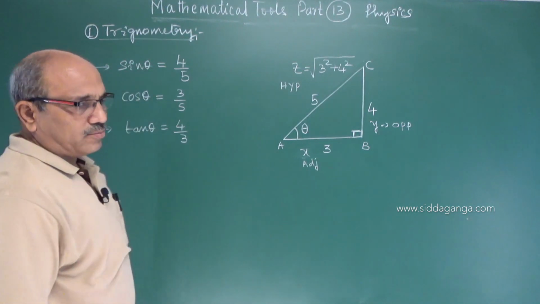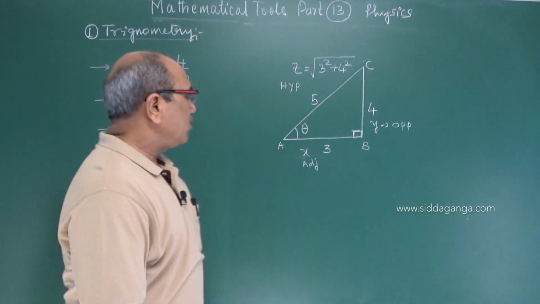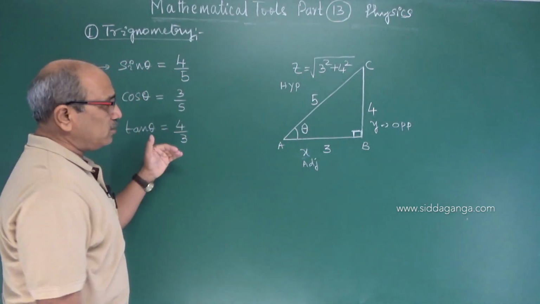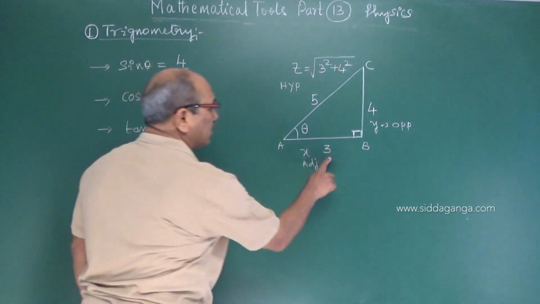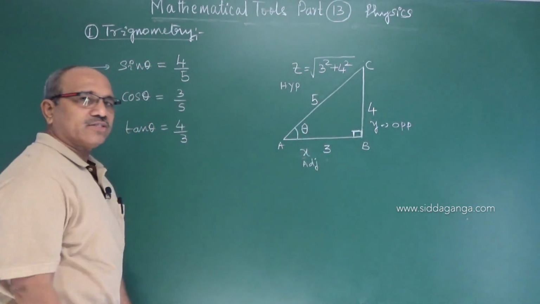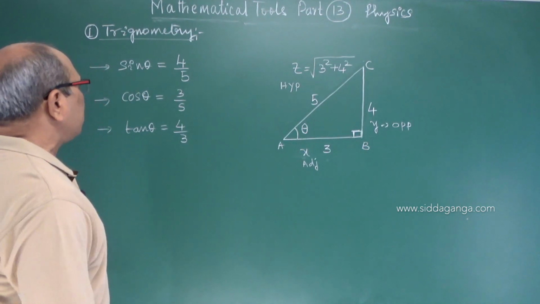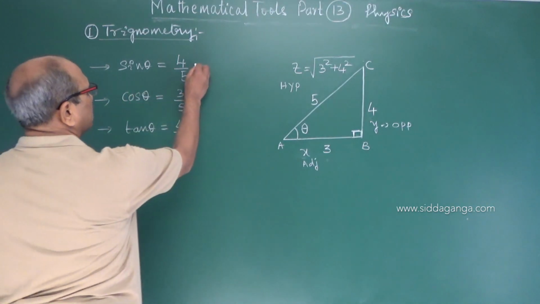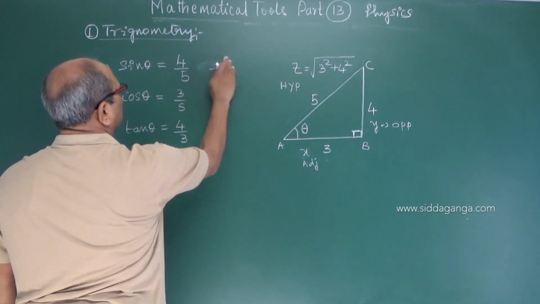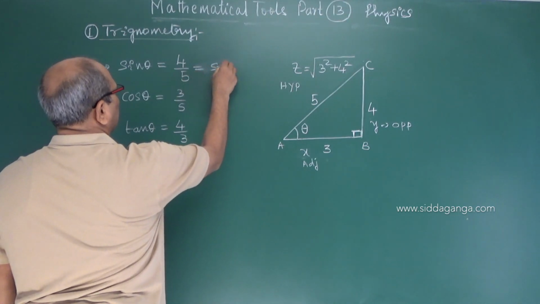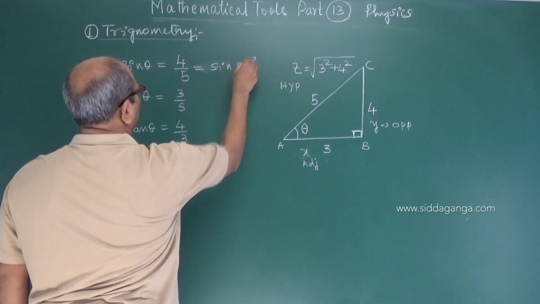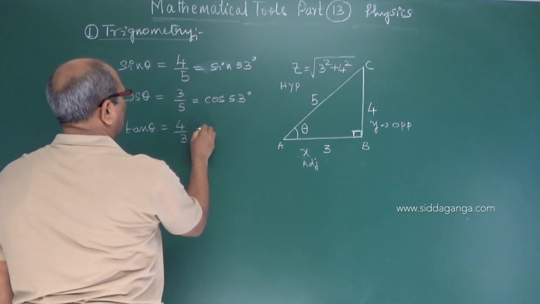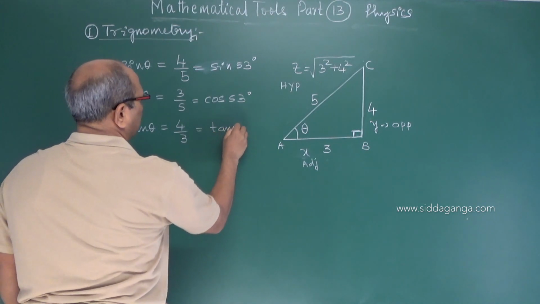We showed the three trigonometric ratios, but what angle does it arise here? If you go through the angular measurement, taking this 3 and 4 and a compass, you can measure what possible angle it can get here. It is nothing but sin 53 degree, cos 53 degree, and tan 53 degree.